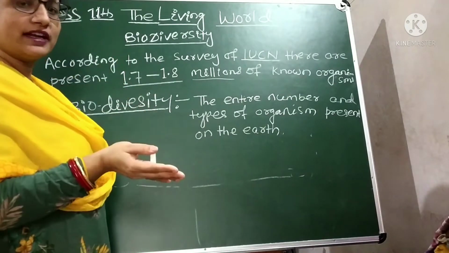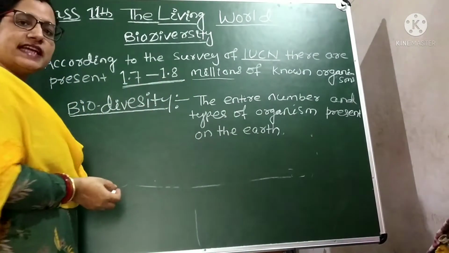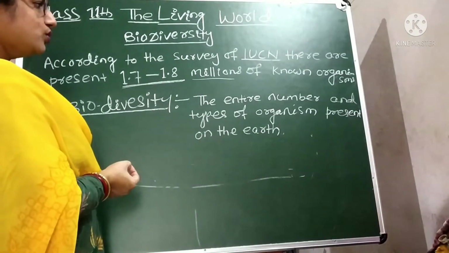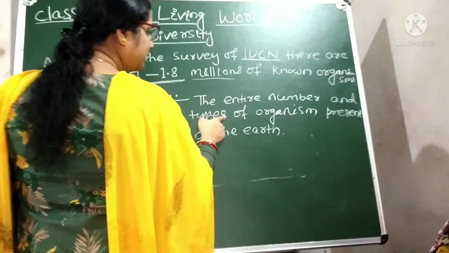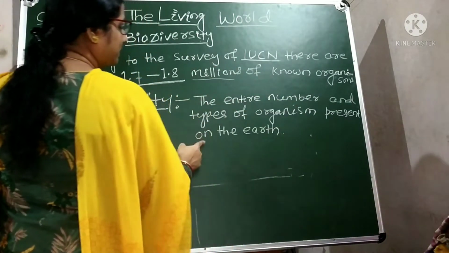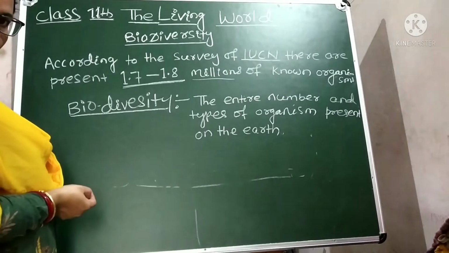There may be present more than this number which are unknown. So the entire number and the types of organism present on the earth is known as biodiversity.